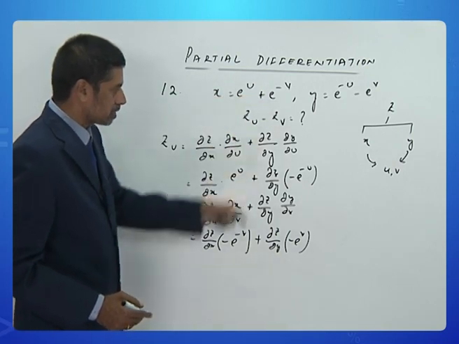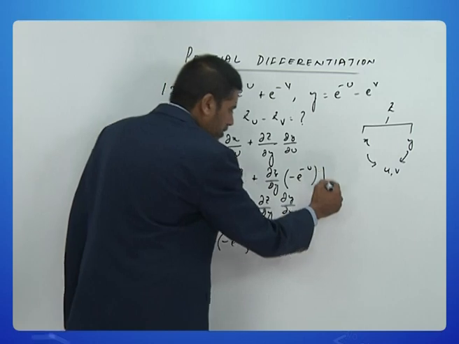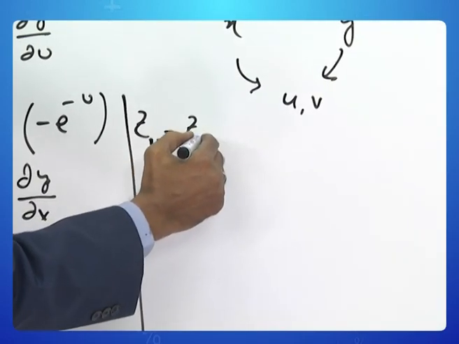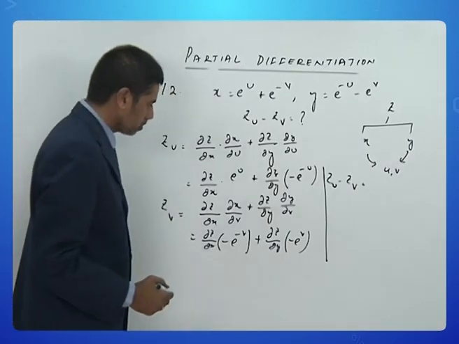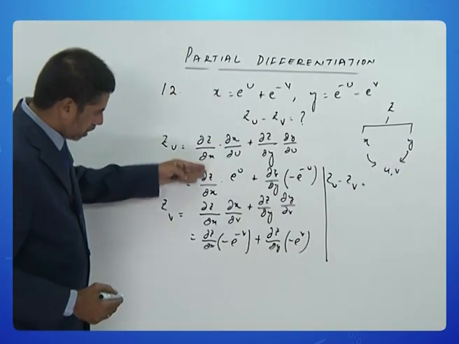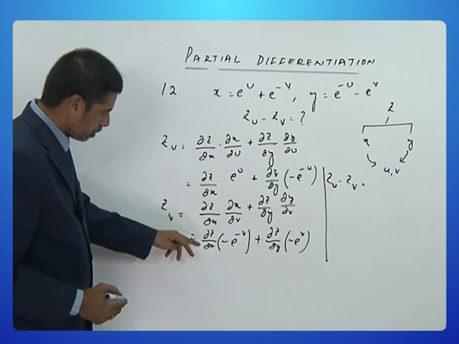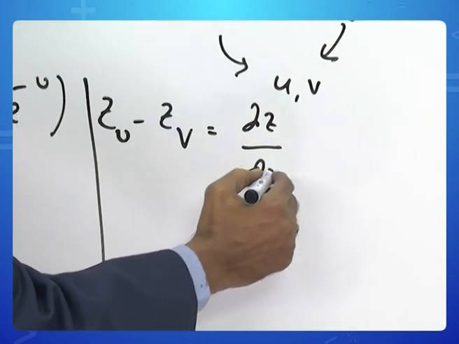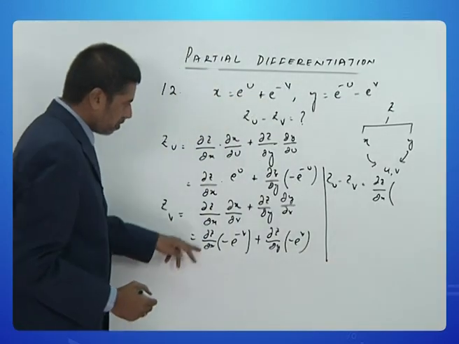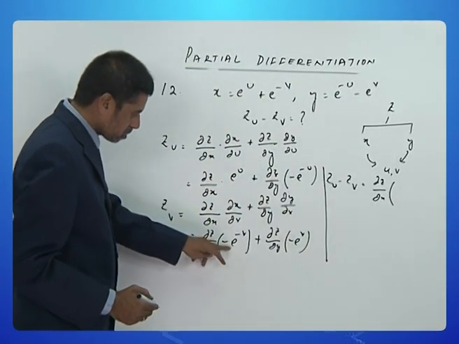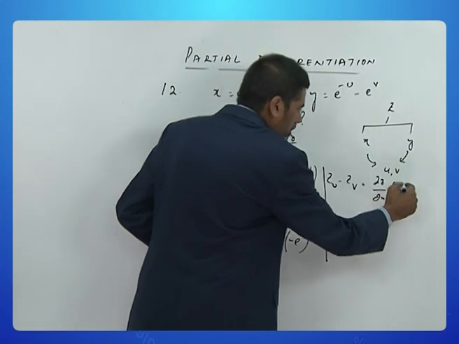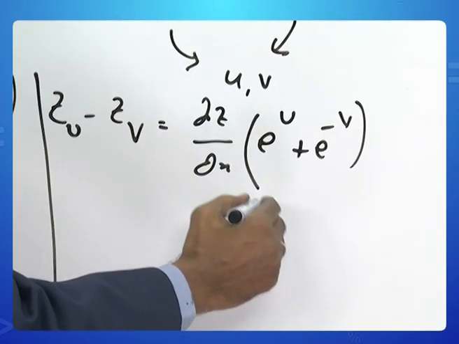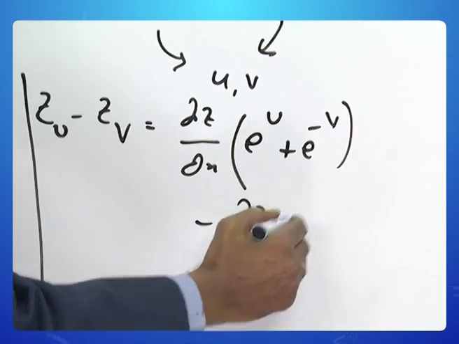So we'll just subtract these two equations and see what the output comes out as. Zu minus zv is equal to this minus this. So we can take ∂z/∂x common, and you're left with e^u minus of minus, plus e^(-v), minus ∂z/∂y.